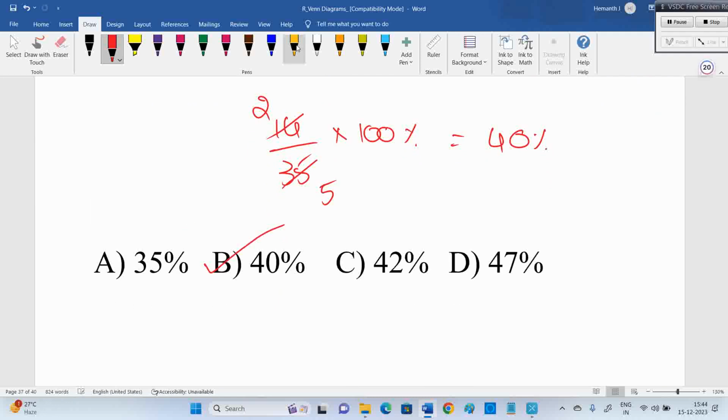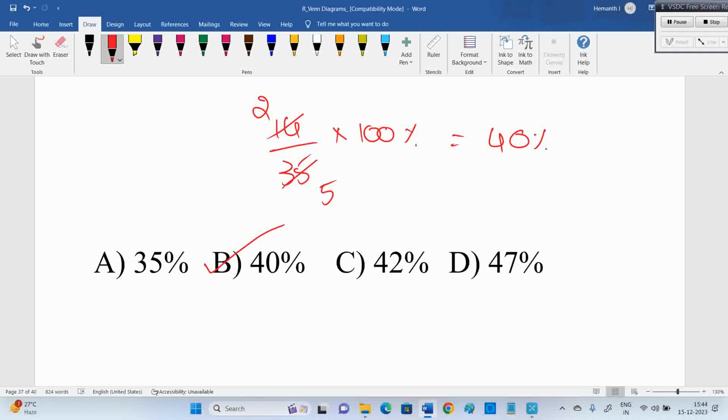In Venn diagrams, diagram based questions are a bit easy compared to data based questions. There is one extra step you need to do with data: convert it into a diagram, then answer the questions. Here the diagram is already there, so it is easy.